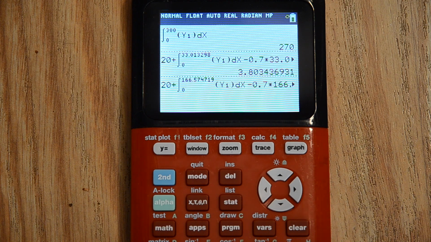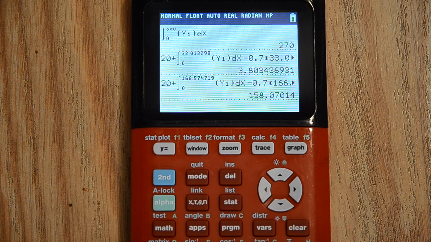And there we have the 158.070 people waiting in line for the escalator. And that is how you can efficiently use your calculator to help you answer this question. One more time, I'm Mr. Tarrou. Go do your homework.